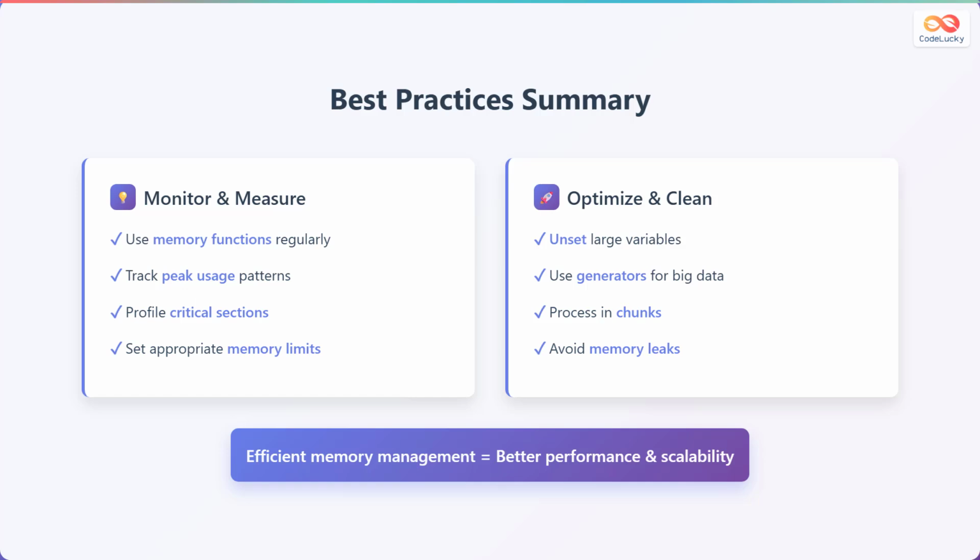On the optimization and cleaning side, unset large variables when they're no longer needed. Use generators for handling big data efficiently. Process data in chunks to minimize memory footprint, and actively work to avoid memory leaks. Remember, efficient memory management directly translates to better performance and scalability for your PHP applications.